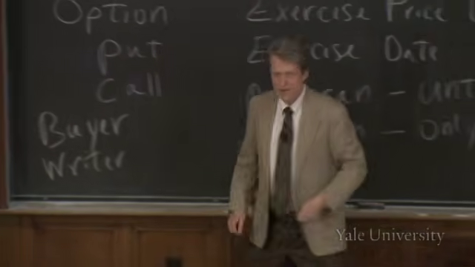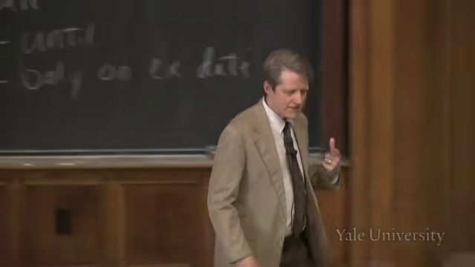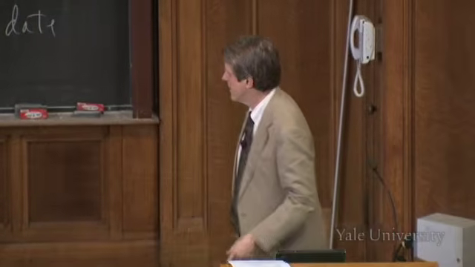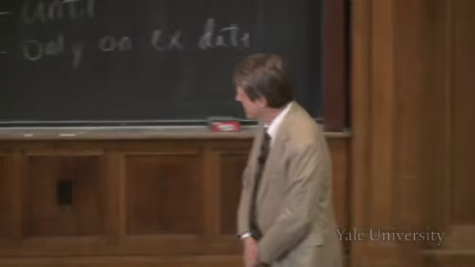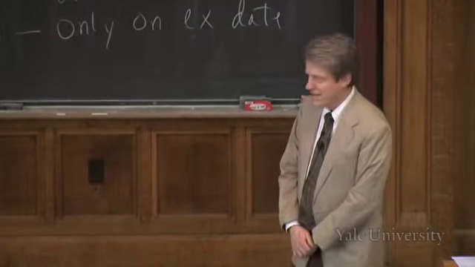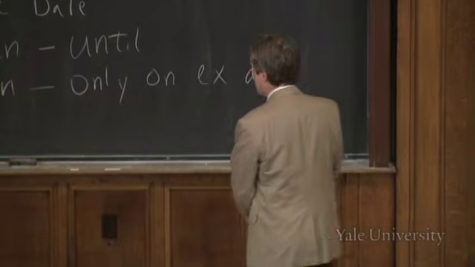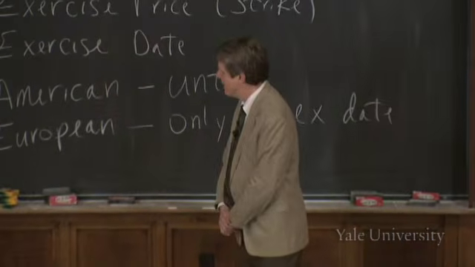The other party is the writer of the option. Because it's a contract, it has to be between two parties. So somebody is on the other side. Okay, and you can do either one. You can either buy or write an option.